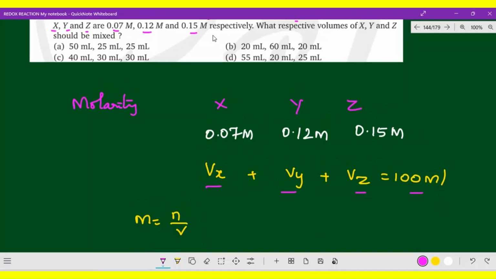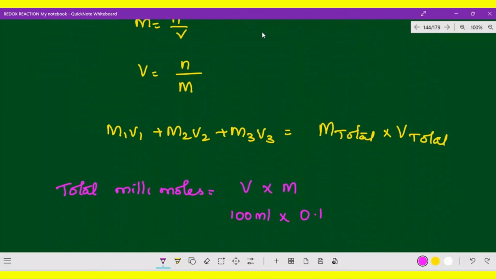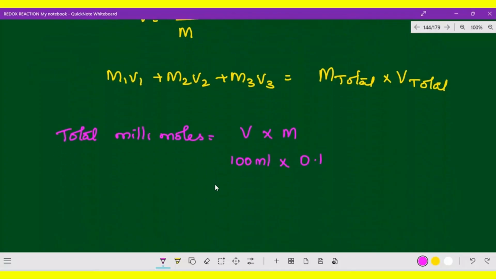In the question it is mentioned mixed to produce 100 ml. I hope you got an idea. So what is the answer? You will be getting 10 millimoles of HCl.